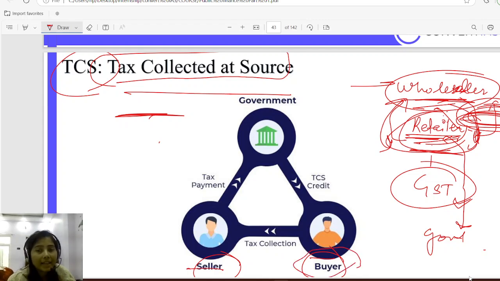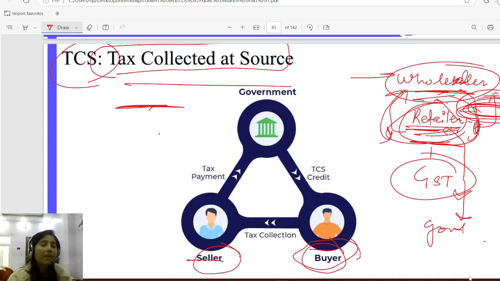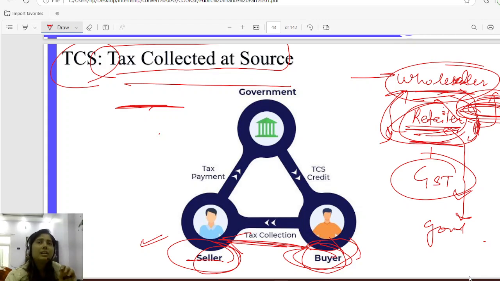Then being a buyer, if I am purchasing some product, I am not going to the government and paying that part of the tax amount. So at that point of time, the seller is paying those taxes, but they are charging tax from me in the form of consumption, in the form of service. Okay, so the simplest example, we are ordering some food from Zomato or Swiggy, or we are going to a restaurant, they are charging CGST, SGST.